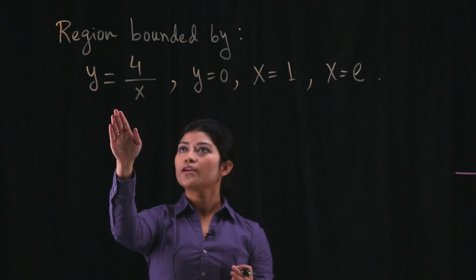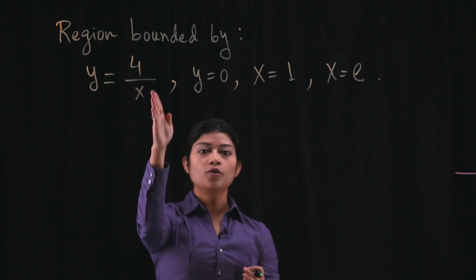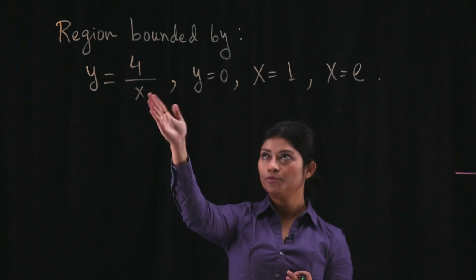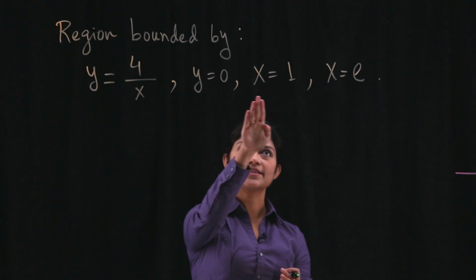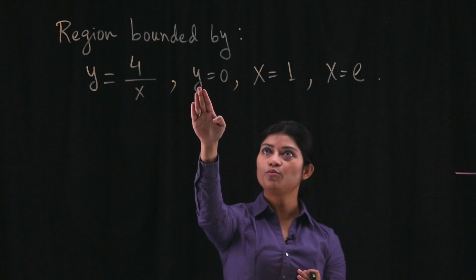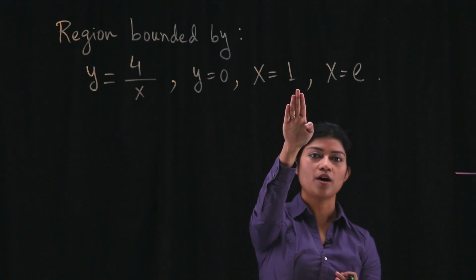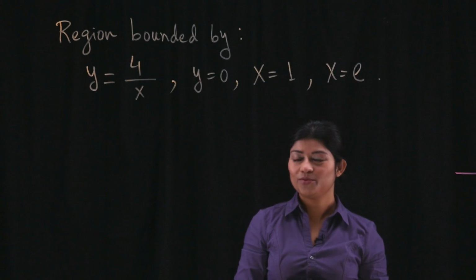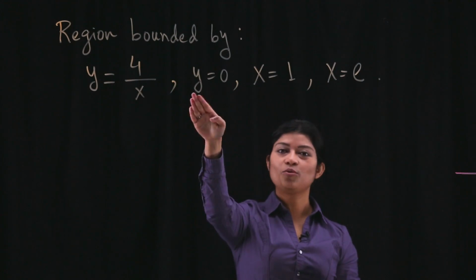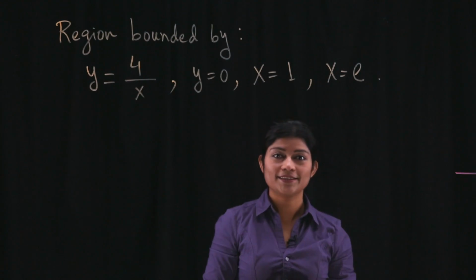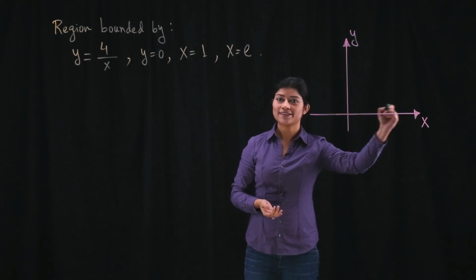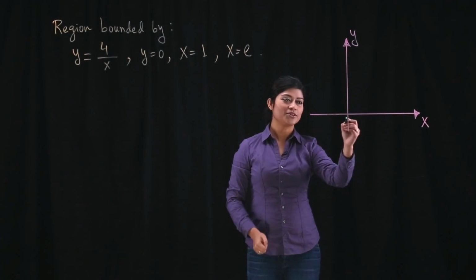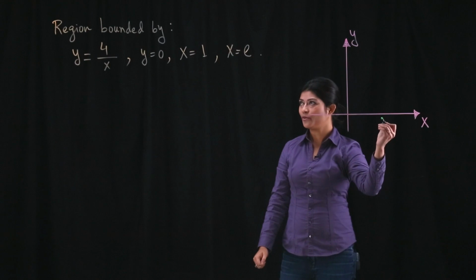Okay, so first we have 4 over x. We will look into that, but look at these other three. Do you see y equals 0, x equals 1, x equals e? Do you know what kind of curves they are? Well, they're just lines. What is y equals 0? You know that that's just the x-axis, right? So y equals 0 is just the x-axis.